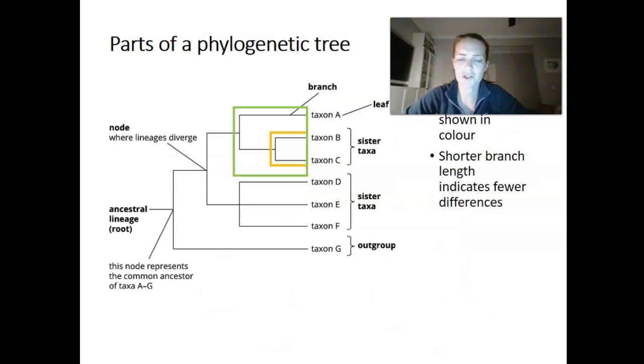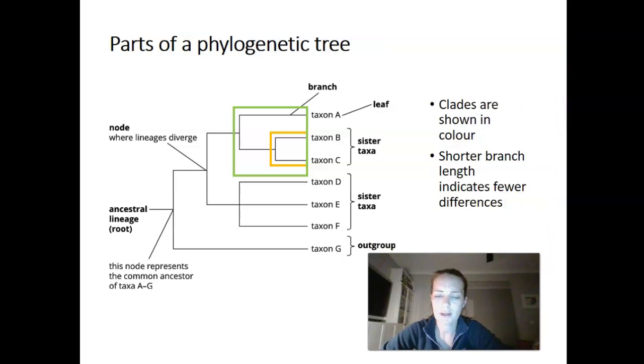So the parts of a phylogenetic tree to pay attention to, some I've already mentioned, but I will just run through them. We always start with an ancestral lineage, where the most ancient common ancestor of all of our species in question would be drawn.